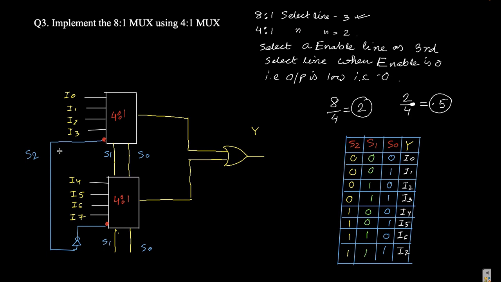Now the main thing comes over here. If S2 is 0, then here S2 becomes 1, and then this multiplexer is not working, and the output is 0 over here, because when the enable is 0, the output is 0. Now we choose S0 is 1 and S1 as 0.